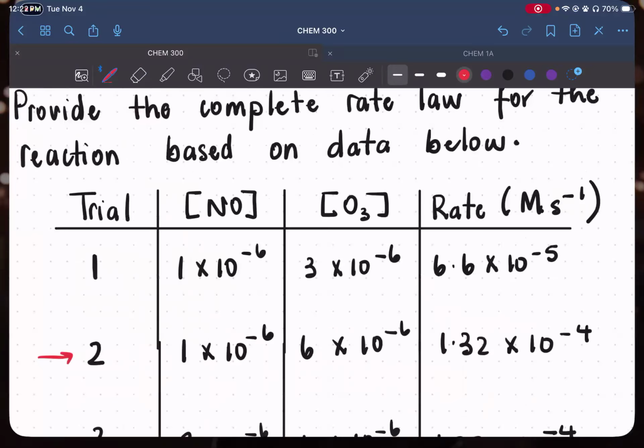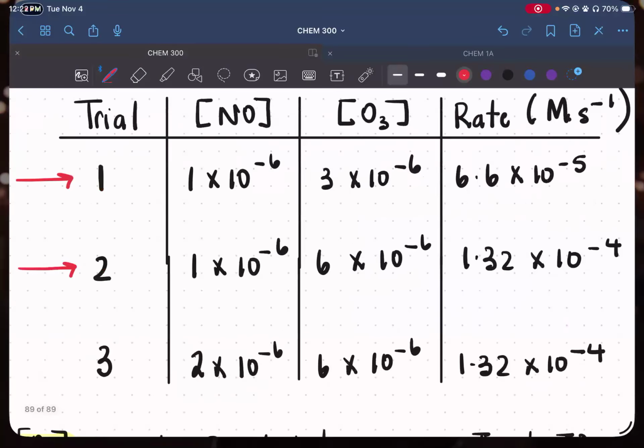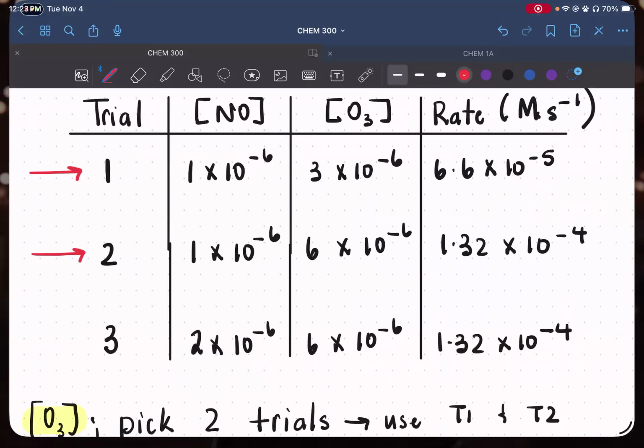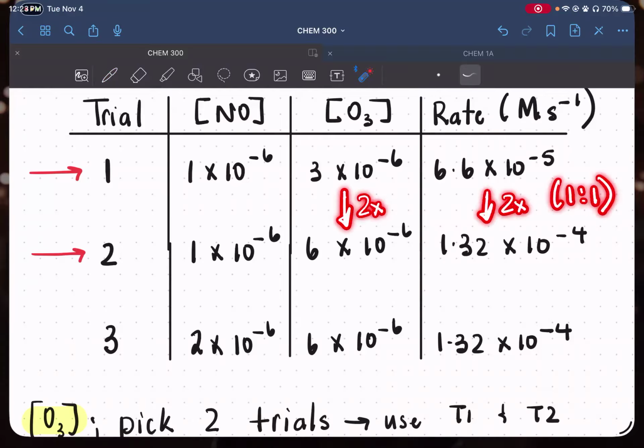Now, just as before, I have the table right here. The reason there is no explicit formula is because you are, in theory, able to analyze the table without it. For example, our more math-inclined students would be able to quickly recognize, well, concentration doubles, rate doubles. That's just 1-to-1. That's first order.